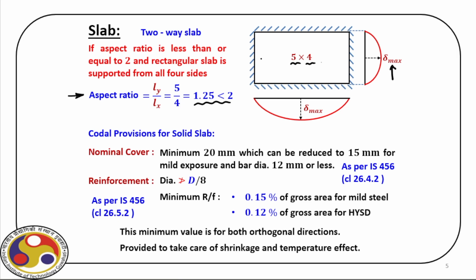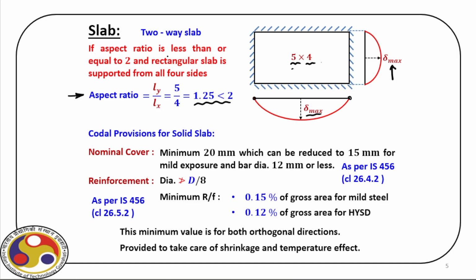And obviously, because these two dimensions are comparable, along the longer direction also, if we plot, we will have 0 at the two extremes, and then we have delta max at the middle. So for this problem, both these orthogonal directions are participating in the bending.